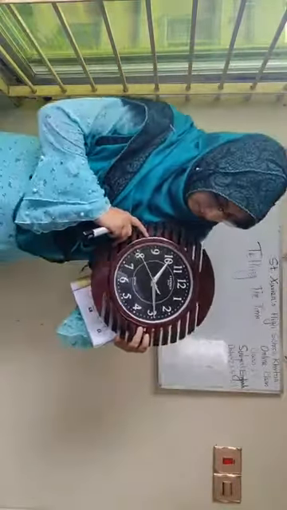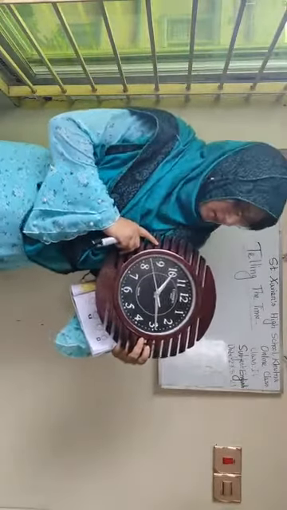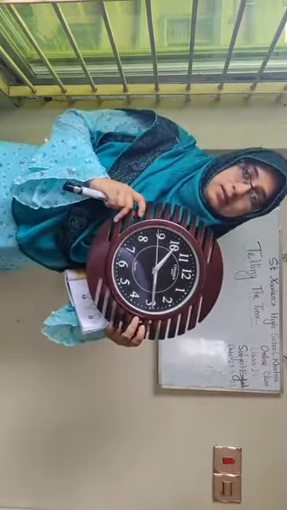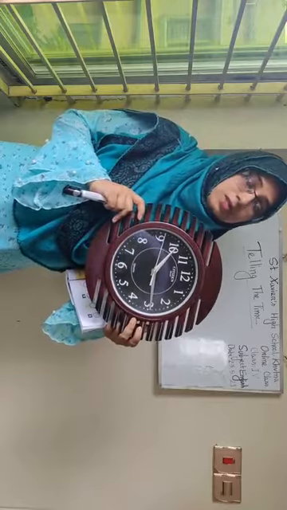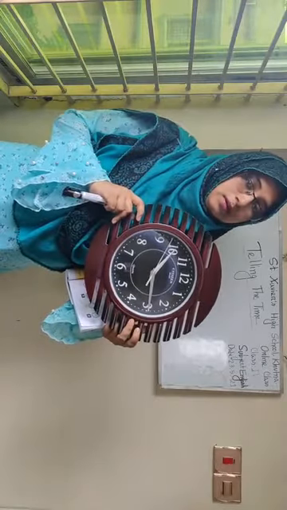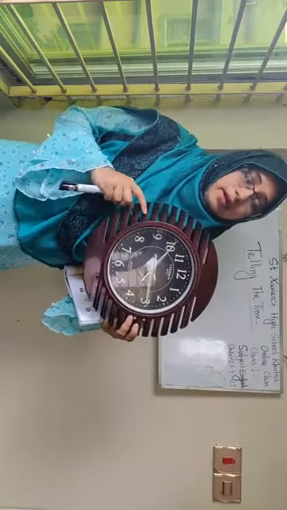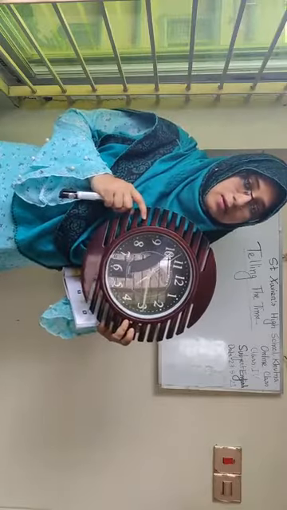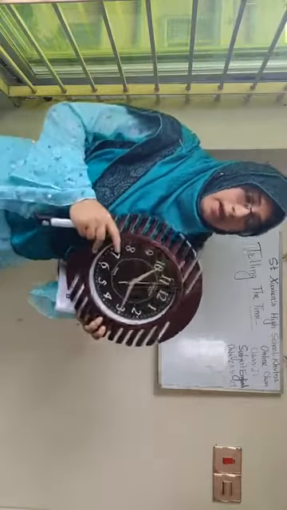Okay, at first I'll show you one thing. What is it? Can you tell it? Is it watch or clock? Of course, it is clock. And in my hand, what is it?